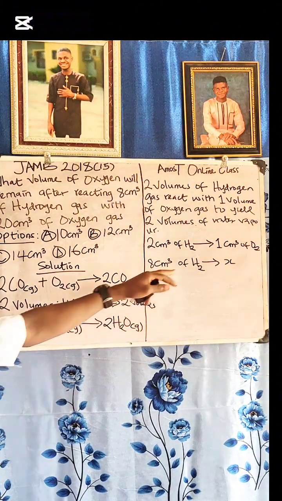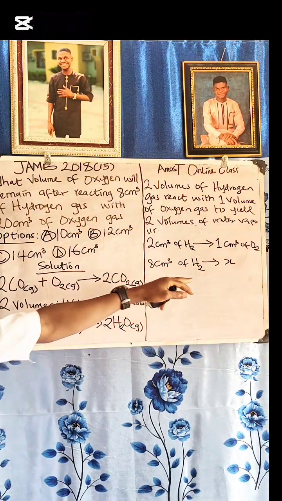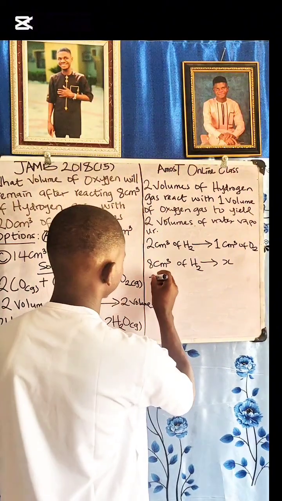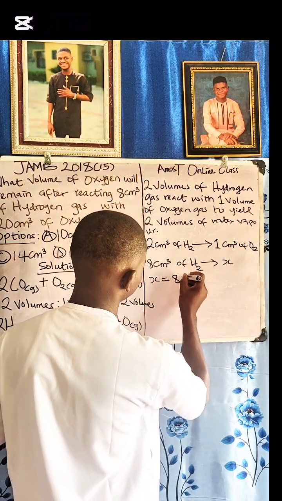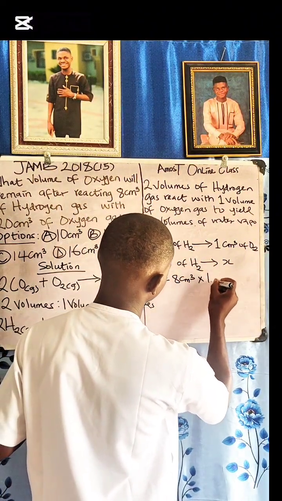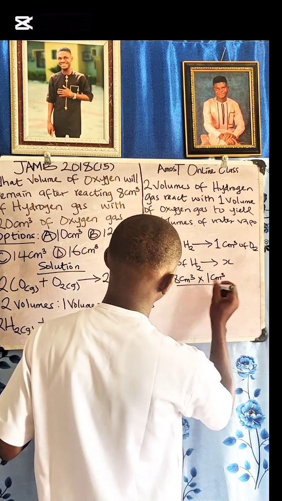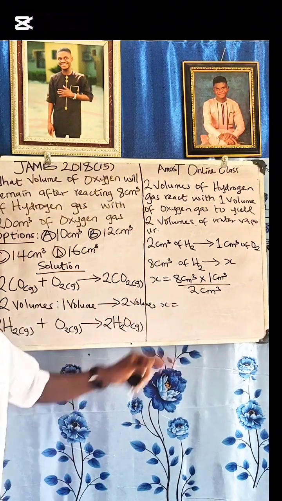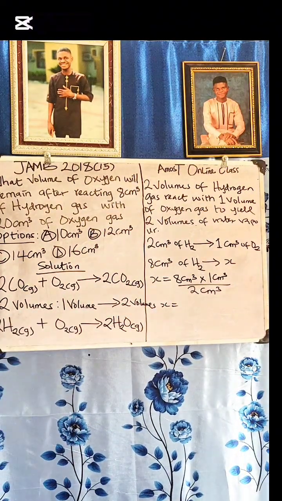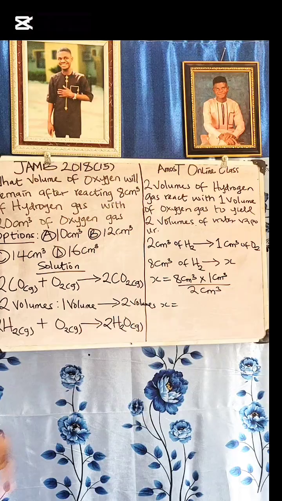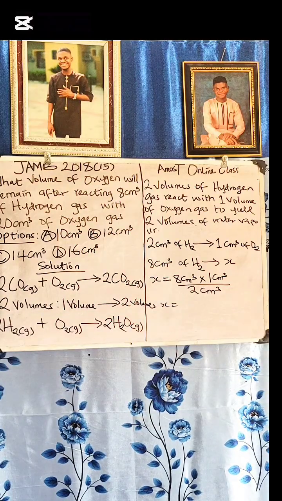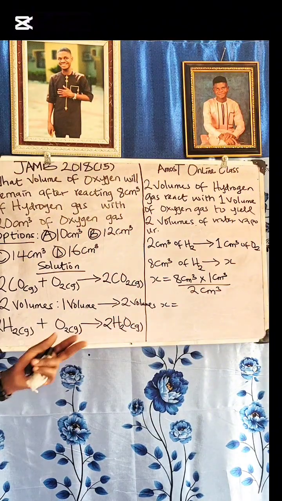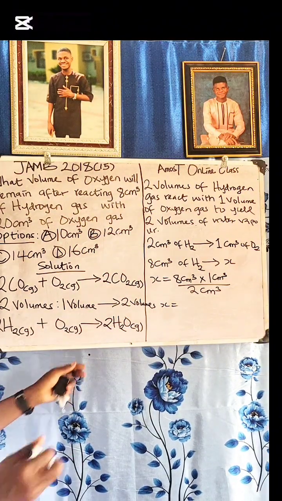Very simple, by cross multiplication. Once we do that, we make X the subject of the formula, and our X will be equal to 8 times 1, which is 8, divided by 2, and that will be 4 cubic cm.